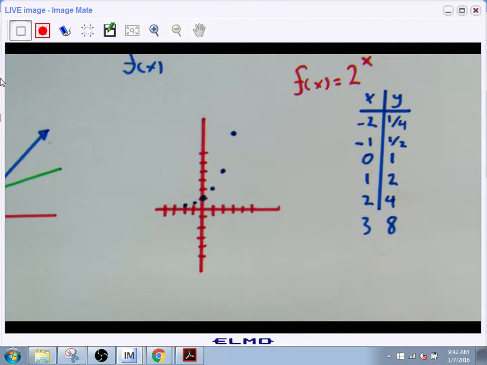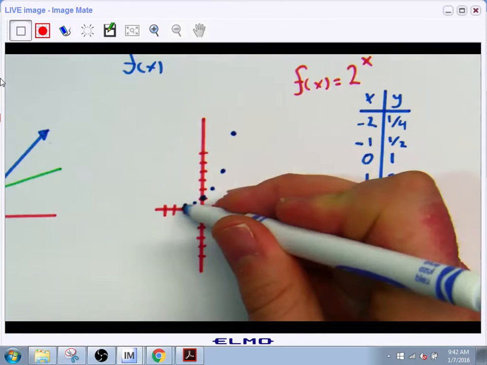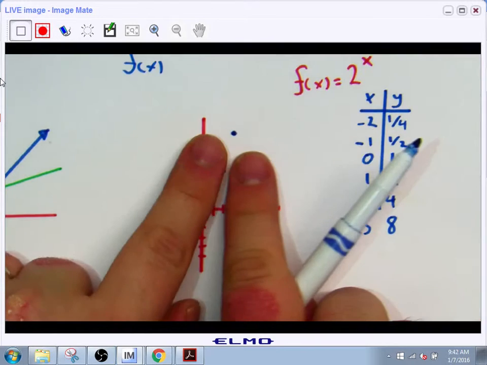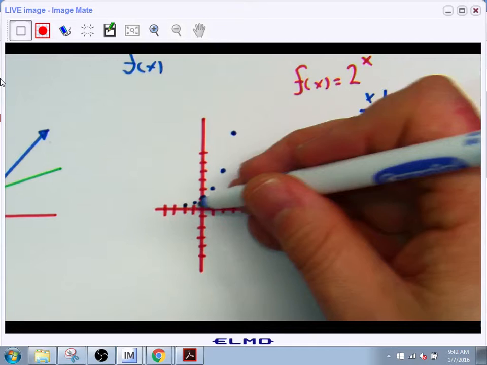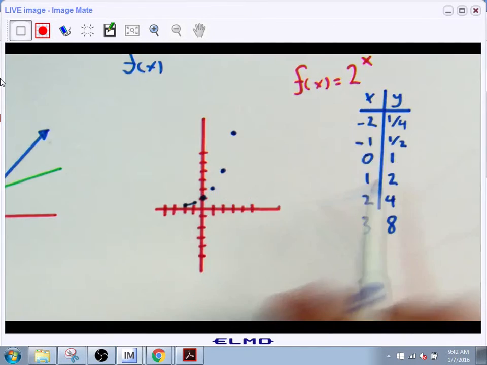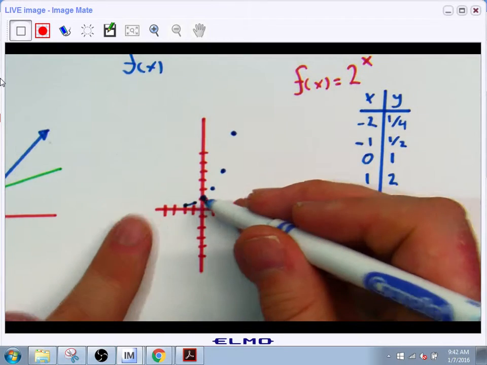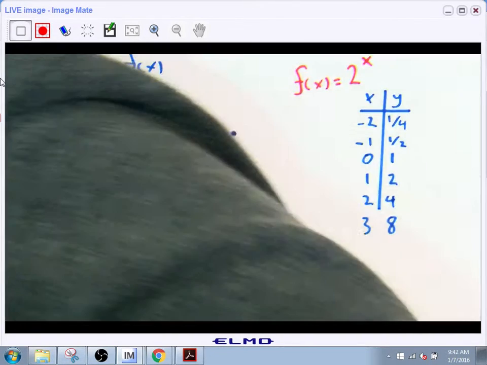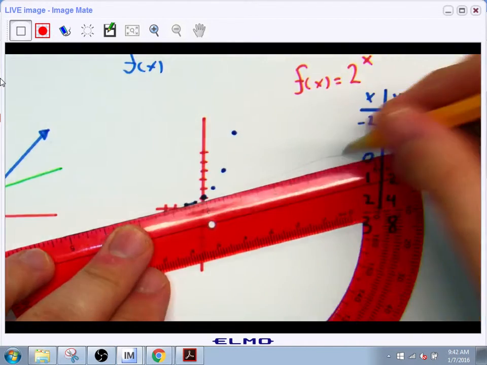So let's look at the behavior of this line. What is it doing? As I go positive here, what do we expect the line to do? When I go from -2 to -1, it's kind of flat, right? I'm going to do it in pencil. As I go from -2 to -1, it does something like that.